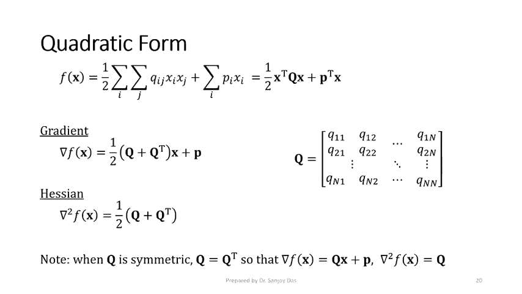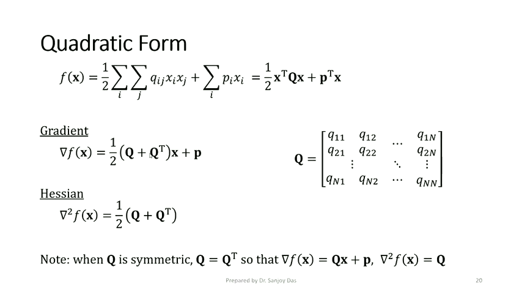Now, 99% of the cases, in the real world and any application, Q will be a symmetric matrix. In which case, when Q is symmetric, then what happens? Q and Q transpose are the same, right?